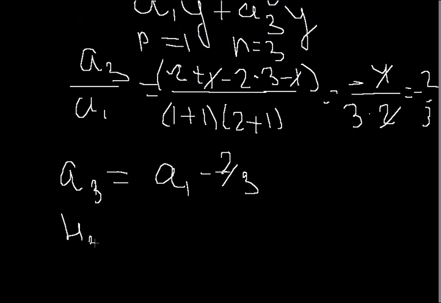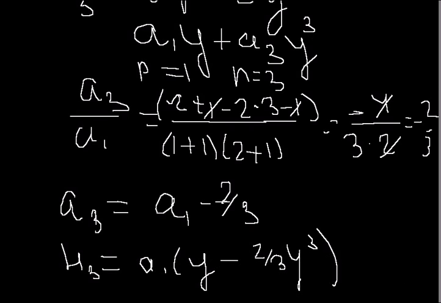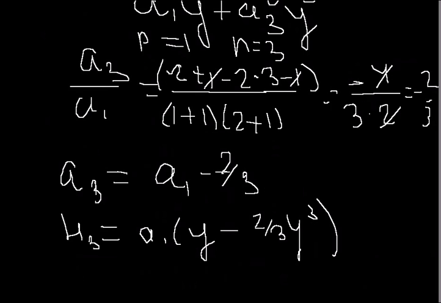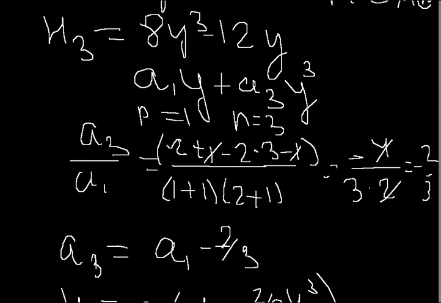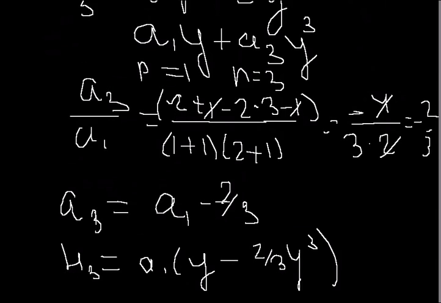And this third Hermitian polynomial should be taken in the following form: a1 y minus 2 divided by 3 is exponent, and we make the following form.